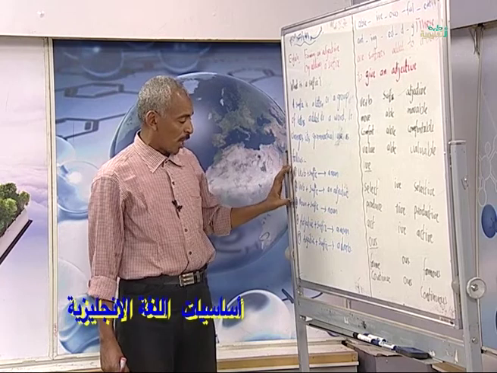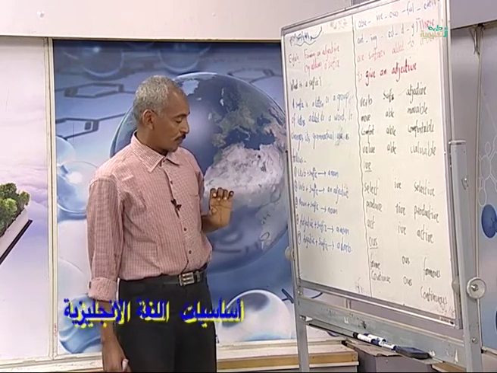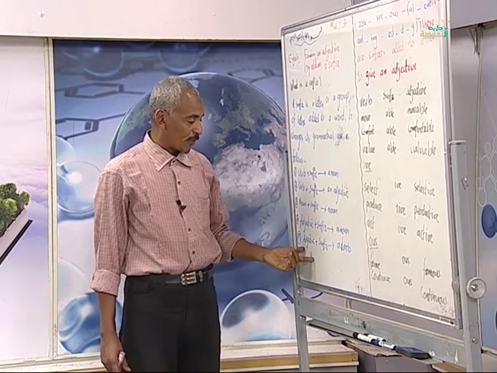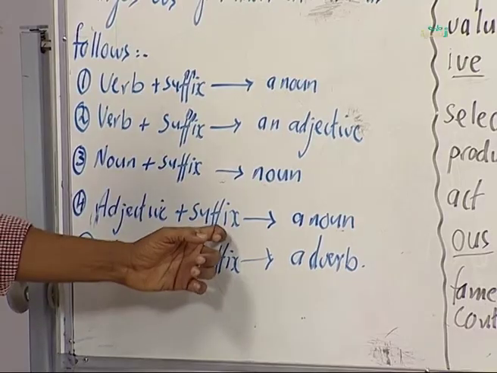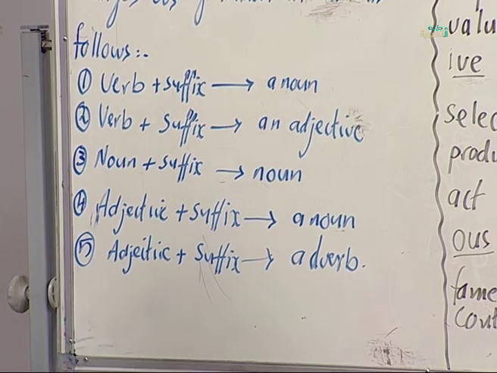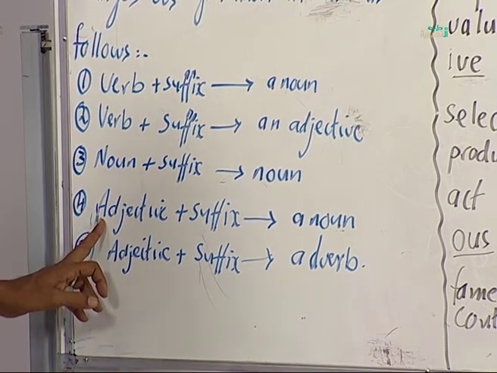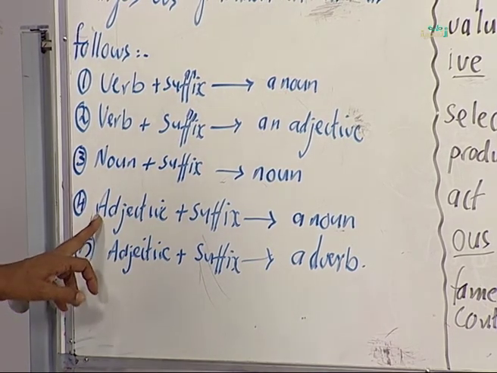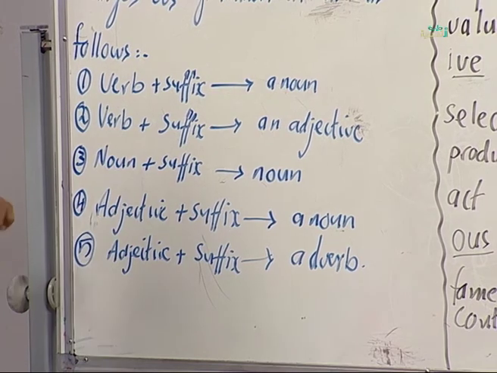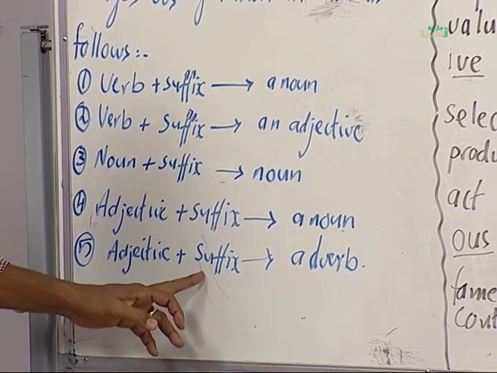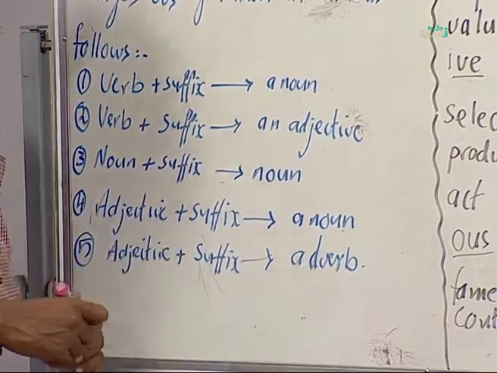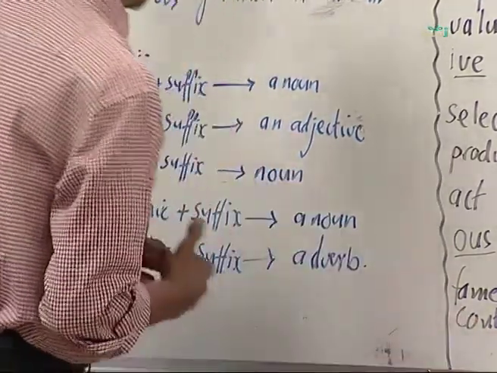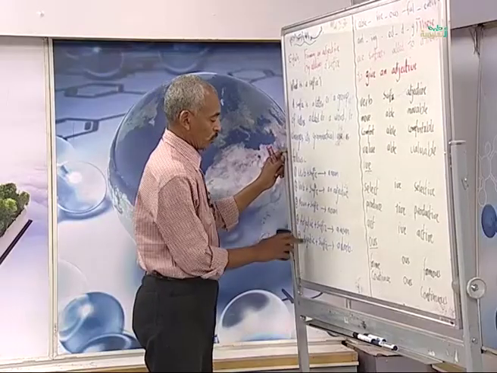We are going to have it with the noun. Adjective plus suffix to give a noun. This is important. We are going to have an idea about it today. Adjective plus suffix to give a verb. We are going to have it today. Let us see these two things.